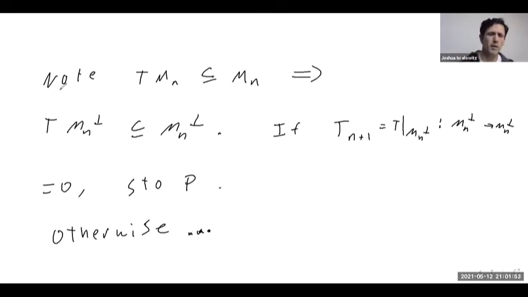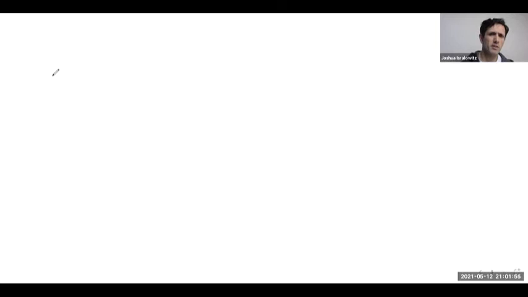So ultimately, we have two cases. First case is, well, we stop at some point. We know that T is not 0, so we do not stop at the very beginning.